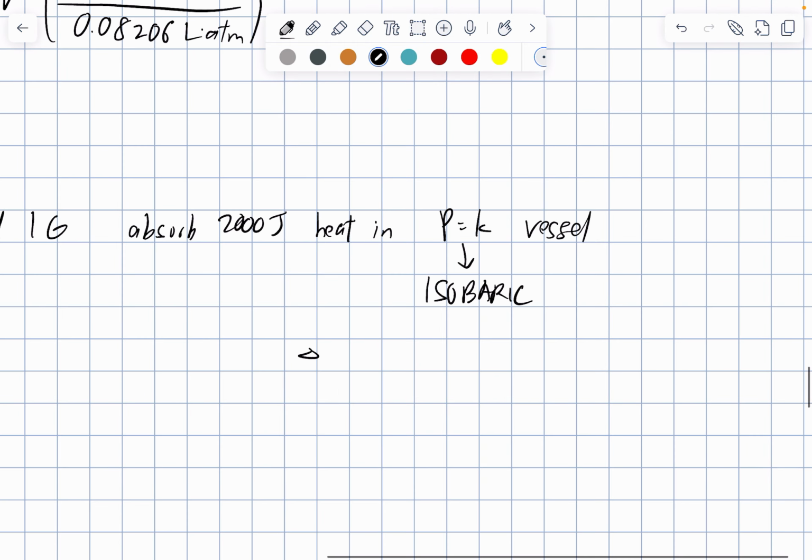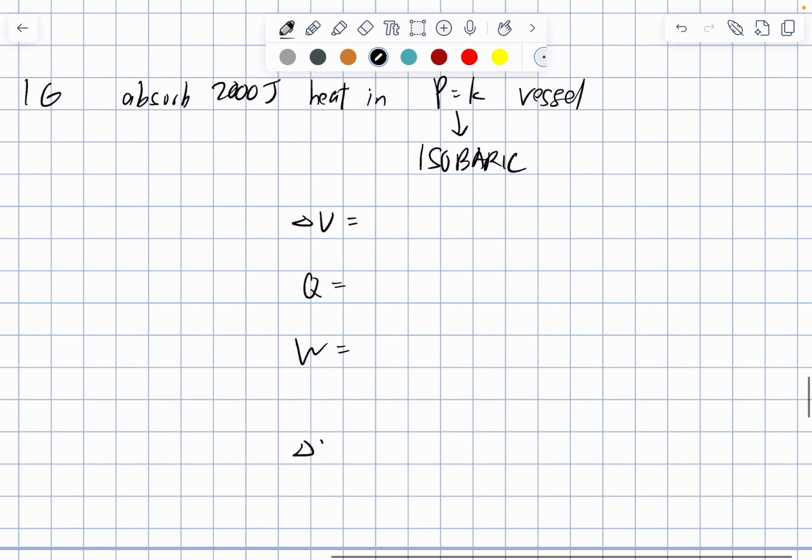For isobaric, let me just detail some formulas. Q, and then work, and then enthalpy. Enthalpy is always going to be nCp dT in the case of the 4 main polytropic processes, except for, among the 4, it applies to 3.